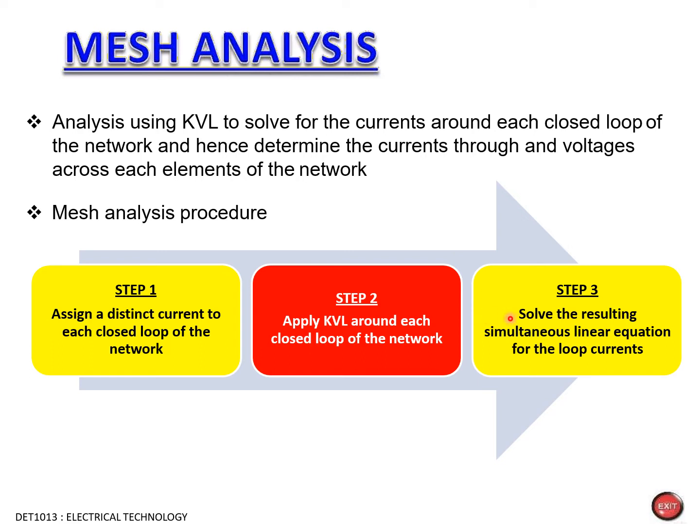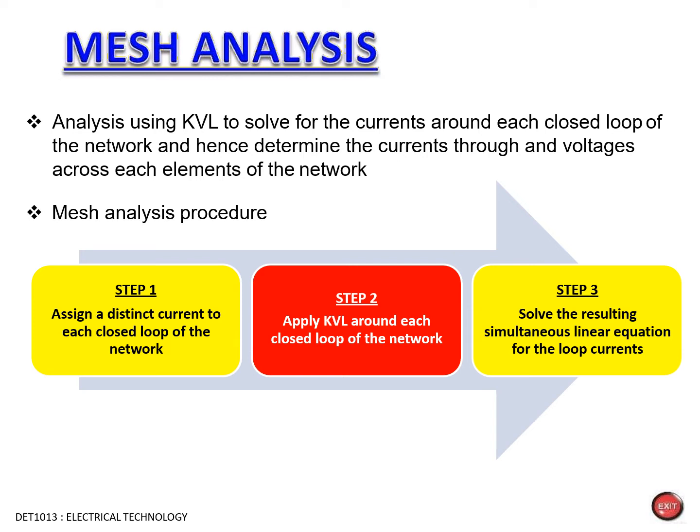Step 3 is to solve the resulting simultaneous linear equations, as you have seen in the first and second KVL equations. When you solve those equations, you can get the required quantity, that is, the current can be calculated. Did you all understand the 3 steps? Mesh analysis involves 3 steps.